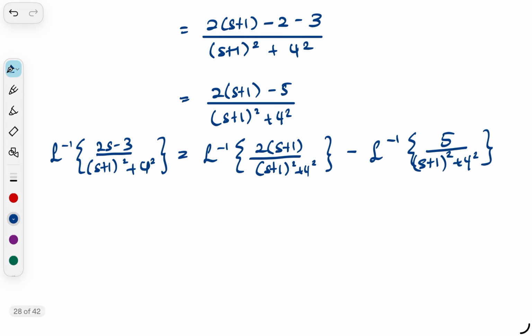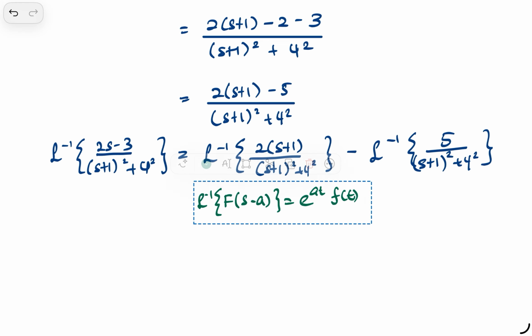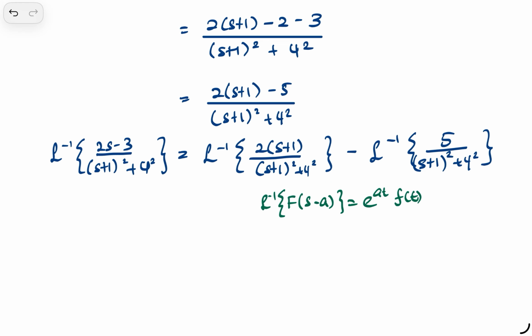If we do the mapping, this is actually F(s minus a), which is equal to e to the power of at times f(t). Same goes here, for both equations here, same goes like that.